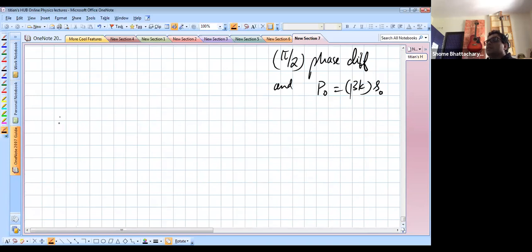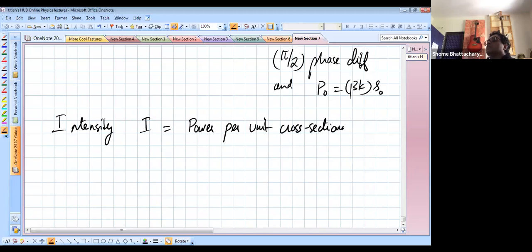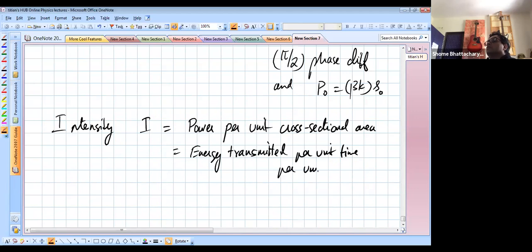So here instead of power, we describe intensity of sound, which is basically power per unit cross-sectional area, or it is energy transmitted per unit time, per unit area.